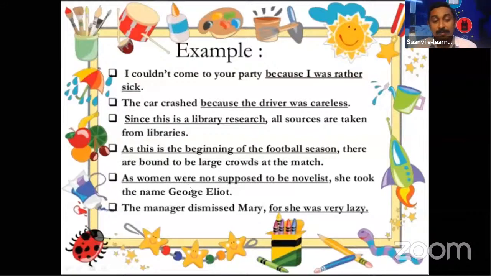As women were not supposed to be novelists, she took the name George Eliot. The manager dismissed Mary for she was very lazy. As Mary was very lazy, she was dismissed from the service. So all these words show reason.